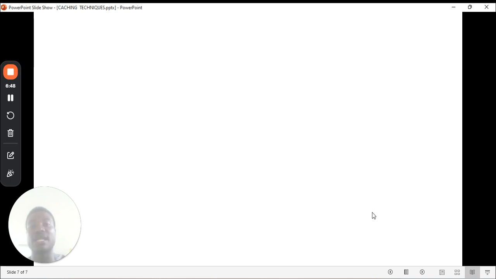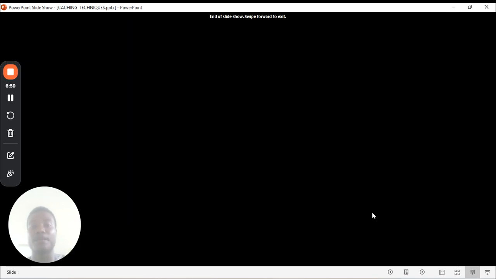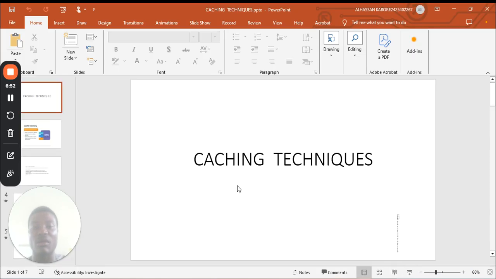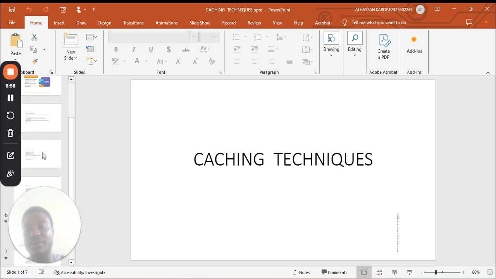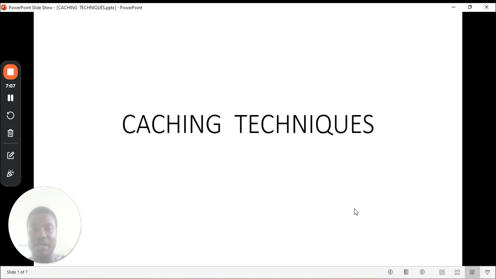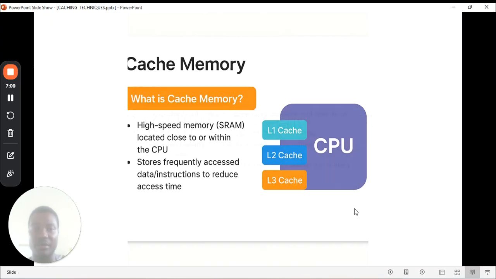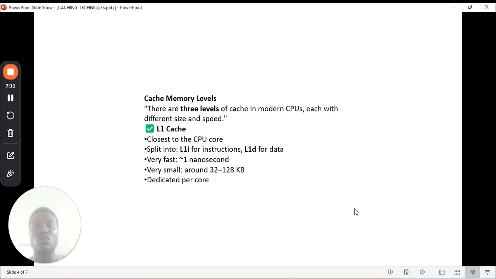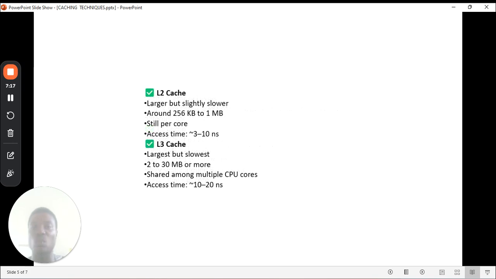So let's move on to the summary of today's lesson on cache. I want to summarize everything so that in our next meeting we can look at virtual memory and some of the visual flow of the cache memory, how it works.